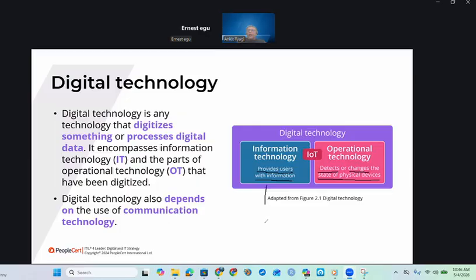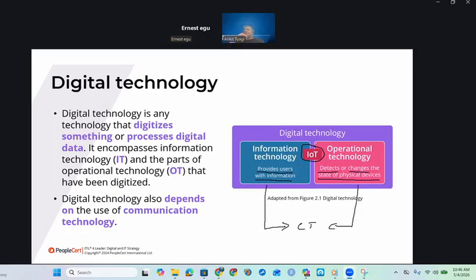They get combined with CT, communication technology, so that we can achieve Internet of Things. Now, let's understand it based on an example. Information technology, communication technology, operational technology: it has enabled the organization to work remotely, right?